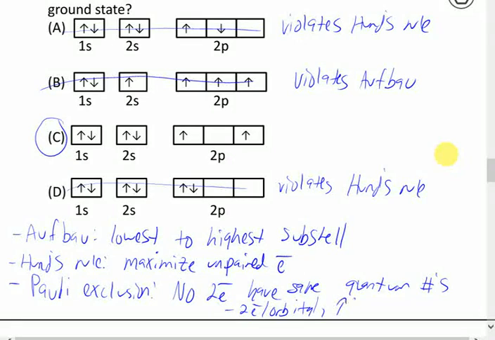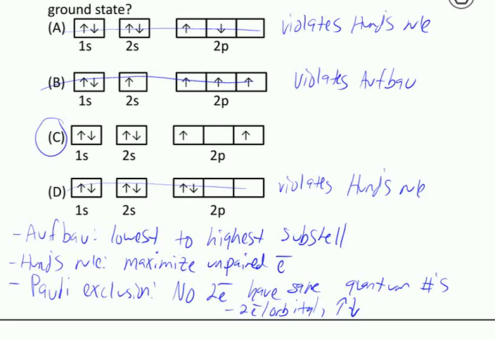And if they're both in the same orbital, they have to be spin up and spin down. So none of these violated the Pauli exclusion principle, but for example, if we had 2 spin up electrons in one of these orbitals, that would violate Pauli exclusion. You also can't have more than 2 of them in the same orbital. All right, so that's another one that might come into play.